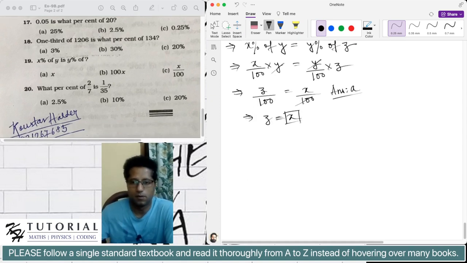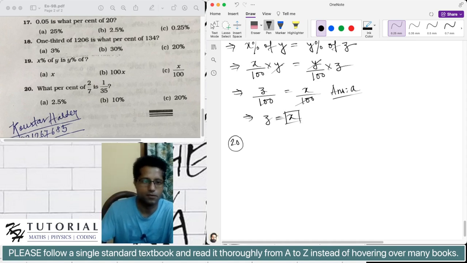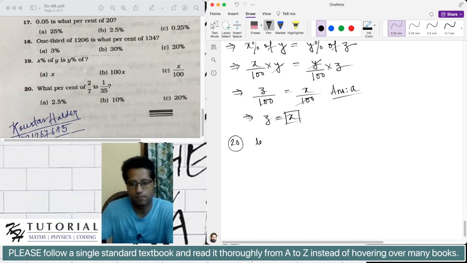Let's do problem number 20. What percentage of 2 by 7 is 1 by 35? So let x percentage of 2 by 7 be 1 by 35.